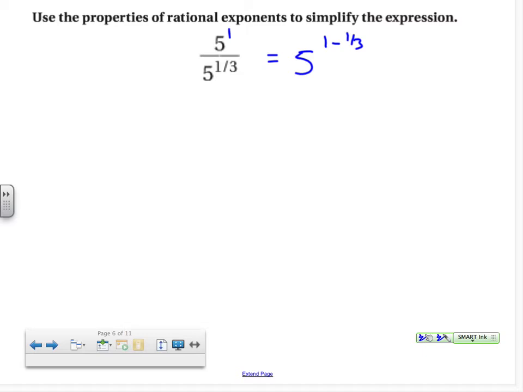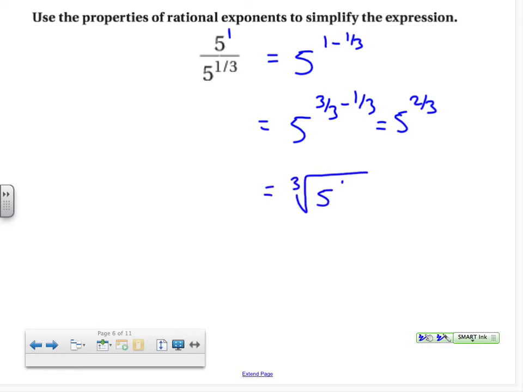To subtract, you need common denominators. 1 becomes 3/3 minus 1/3. So we've got 5 to the 2/3. There you go in exponent form. We can convert that to radical. So we've got the cube root of 5 squared, which you could write as the cube root of 25.